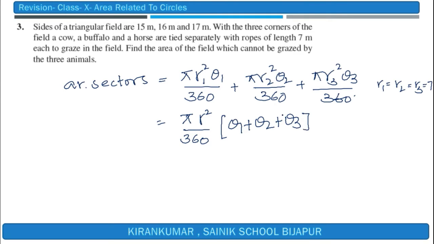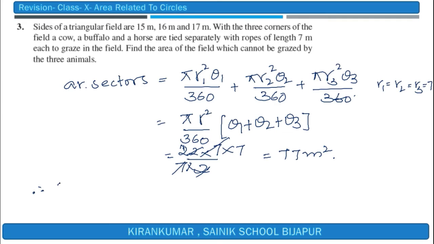The sum of the three angles is 180 degree. 180 upon 360 is half. So 22 by 7 into r square, which is 7 times 7, times half, and we get it as 77 meter square.